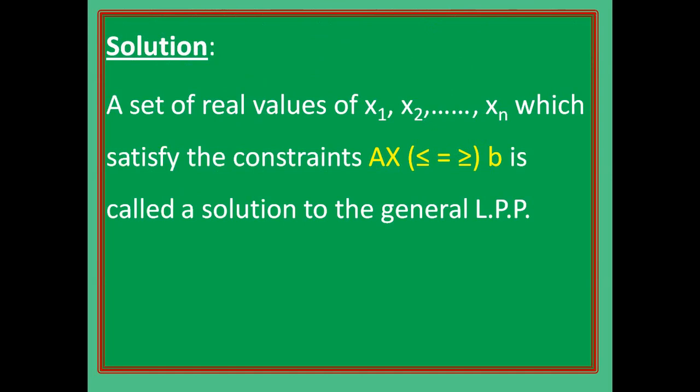Solution: a set of real values of x1, x2, so on up to xn which satisfy the constraints Ax less than or equal to or greater than or equal to b is called as solution to general LPP. A set of real values in the sense these are all decision variables x1, x2, so on up to xn, which satisfy all the given conditions or all the given constraints, will be called as solution to general LPP.